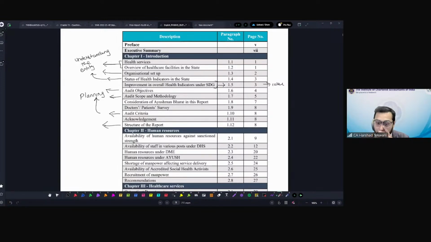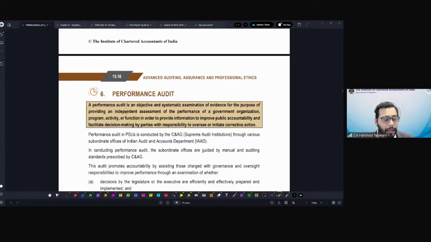So this was the understanding of performance audits from the report. Let's go to your study material and from there we'll see what performance audit is. Now, performance audit is an objective and systematic examination of evidence for the purpose of providing independent assessment of the performance of a government organization, function, program, or activity, or to provide information to improve public accountability and facilitate decision making.